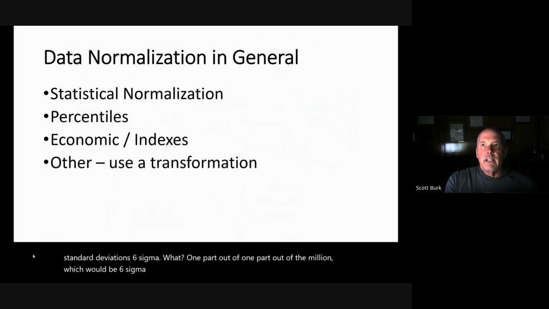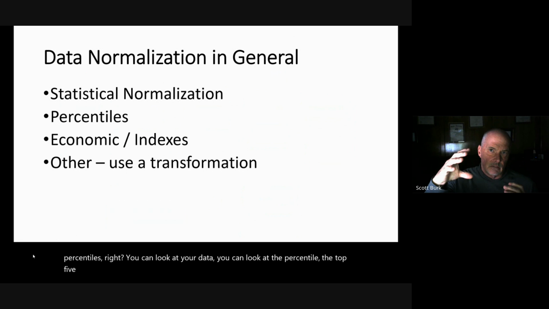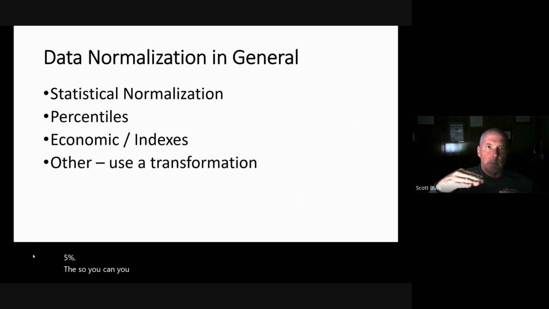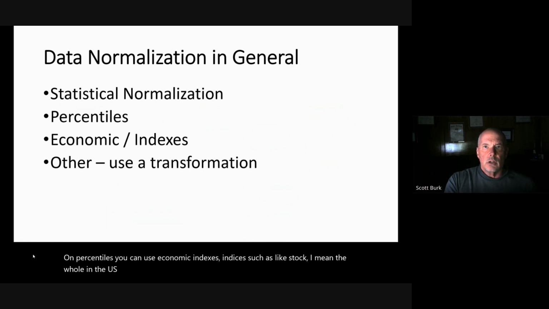So anyway, and then other ways to do it, you can do percentiles, right? You can look at your data, the top 5%, so you can normalize based upon percentiles. You can use economic indices, such as like stock. In the U.S., the Dow Jones Industrial Average, that's an index, right?